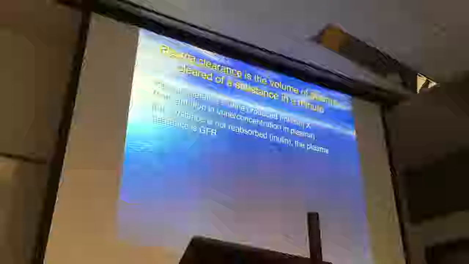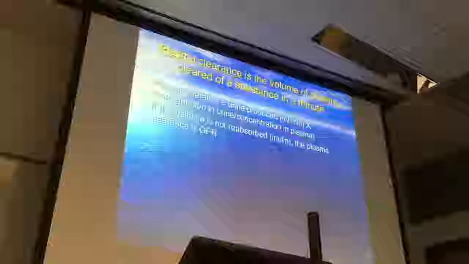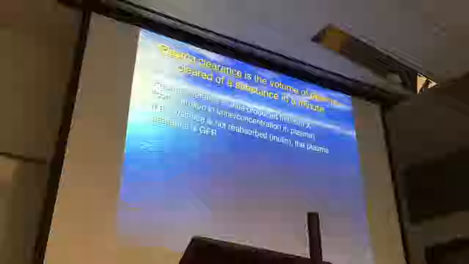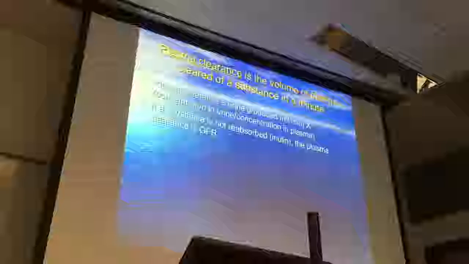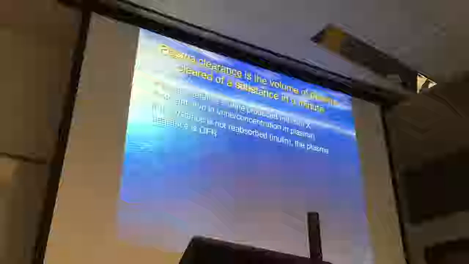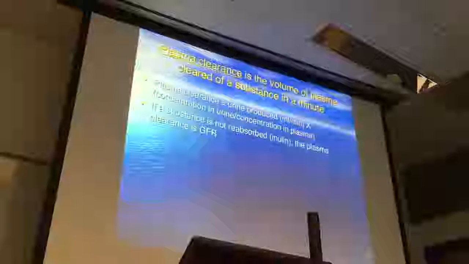This ratio is going to be related to GFR. If a substance is not reabsorbed, it goes into the filtrate and cannot be reabsorbed, then this formula will produce GFR. Okay?